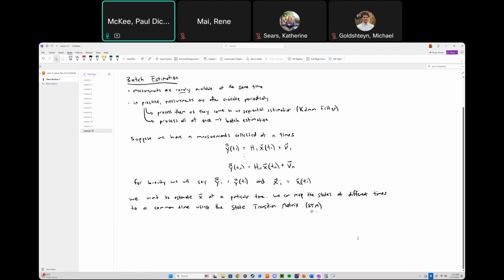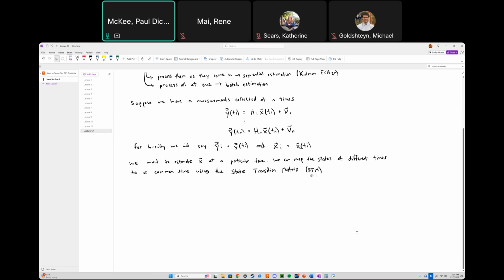Okay, so some of you might have heard of this term before if you've looked at control of linear systems, taken a linear systems or systems analysis techniques course. You might have seen that if we have a linear system, we can map the state at some current time to some future time using a matrix, and that matrix is itself dependent on the dynamics underlying the system. Right?